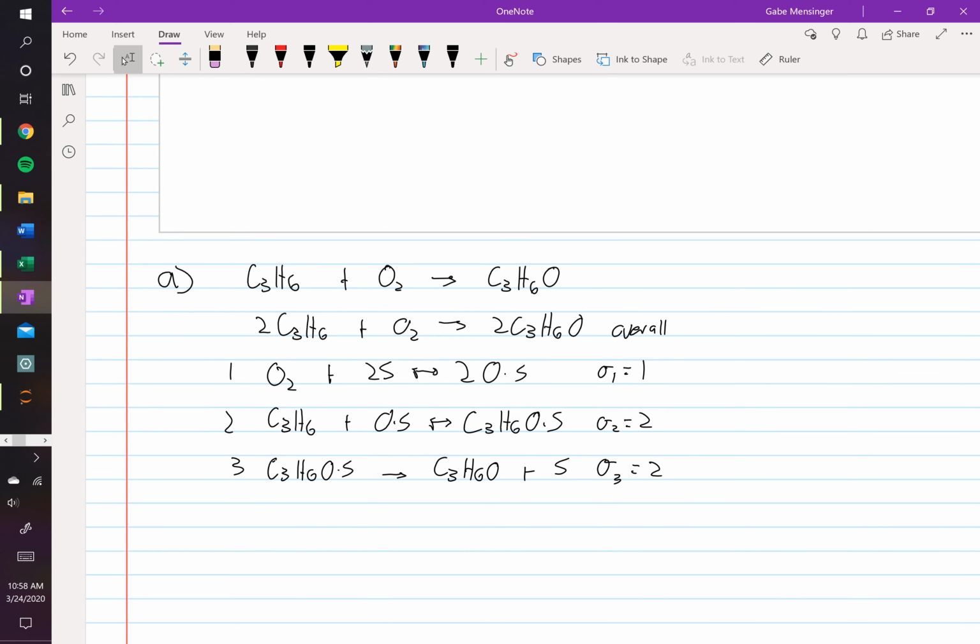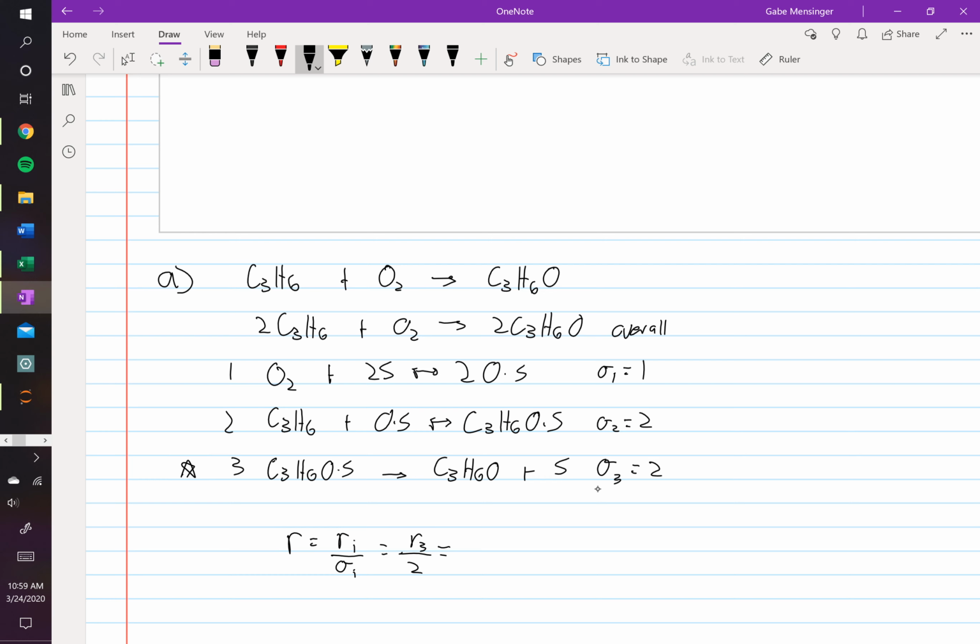And then, going forward, we want to find the overall rate, R, and we know that based off of our rules on knowing what the rate determining step is, the rate determining step will be irreversible as long as there's an irreversible step in the mechanism. So unless all the steps are reversible, the rate determining step will always be irreversible. And in this case, we only have one irreversible step, and that is step 3. So if you remember that R is equal to R_i over sigma_i, it's equal to R3 over 2.